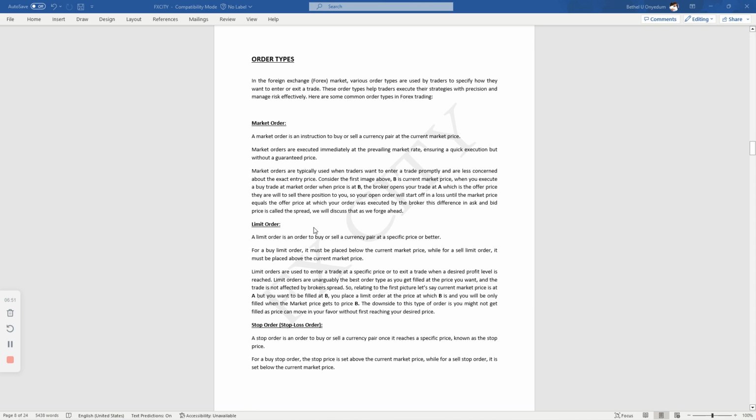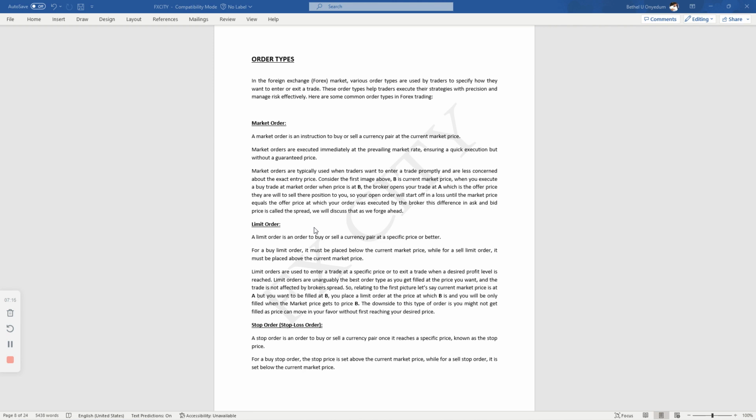In the foreign exchange market, there are a few order types. Order type means the way you want to enter your position, if you want to take the price that the market is offering. From what I explained above, this is the bidding price, this is the price you want to buy, and this is the price that the broker or the market is offering you.